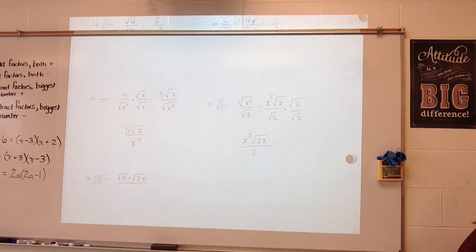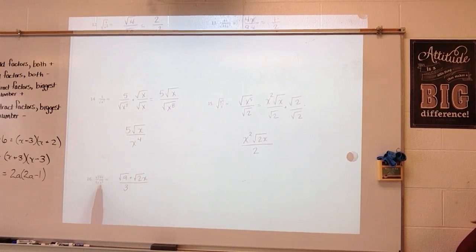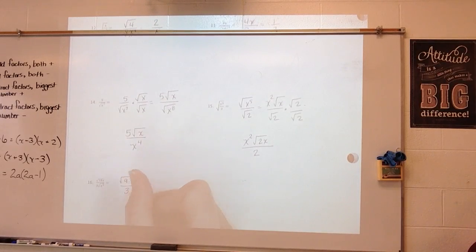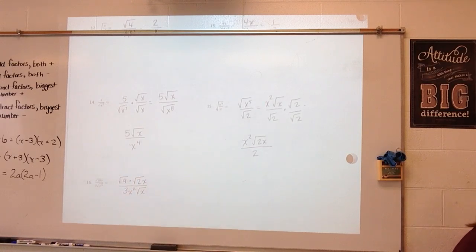And then I'm going to come down here, and I can't do anything with the 3 just yet. x to the 5th, I can look at that as x to the 4th times x. x to the 4th would be x squared times the square root of x.